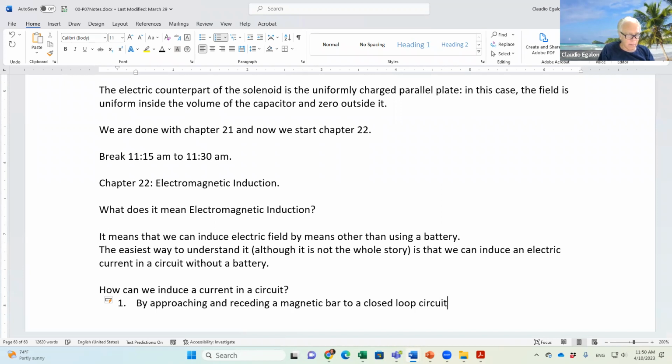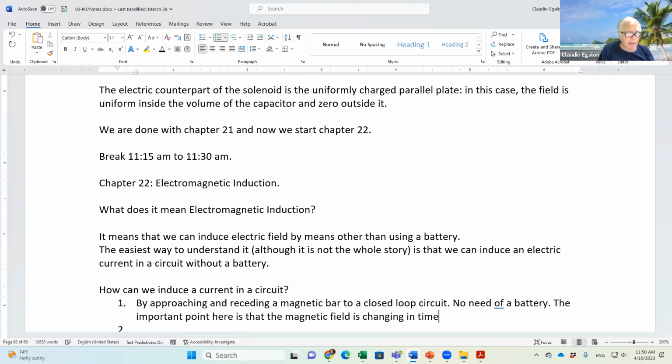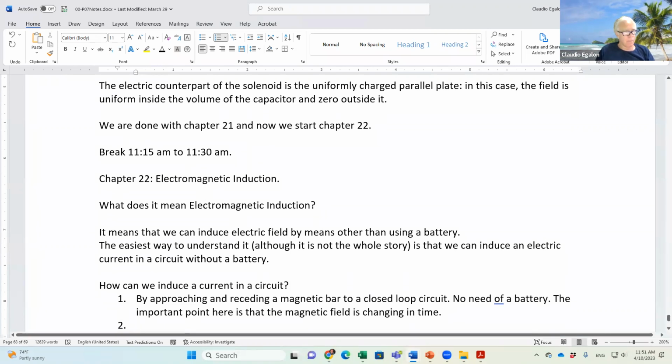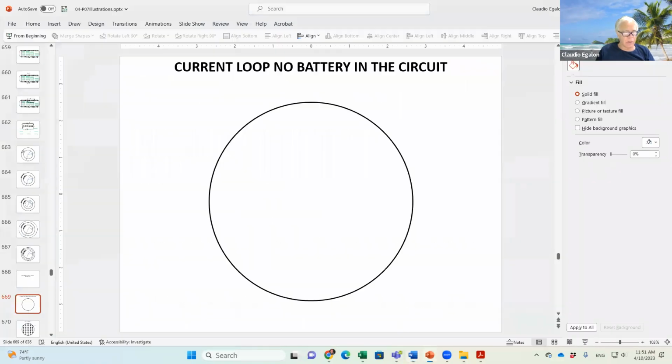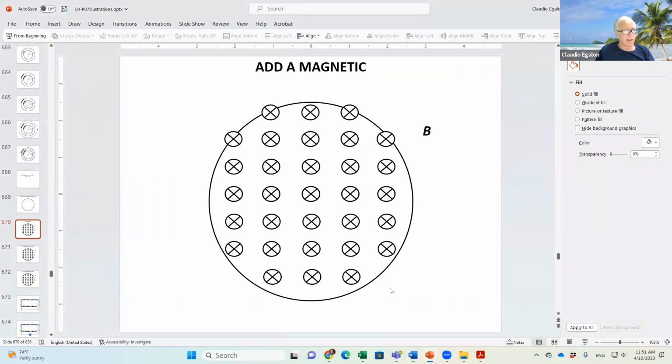No need of a battery. The important point here is that the magnetic field is changing in time, okay? That's one way, and it is illustrated right in here.